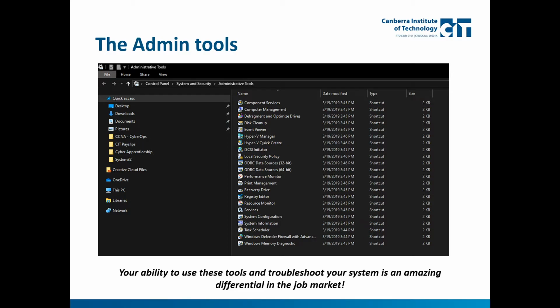And of course, if you have some skills with most of these, or at least three, four, five, six of these tools, you have a huge differential in the job market today, because you basically need to know how to troubleshoot the basic things in your system.